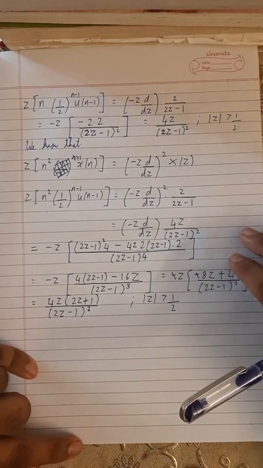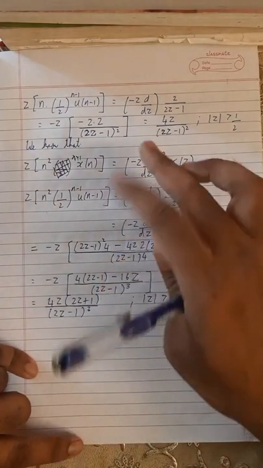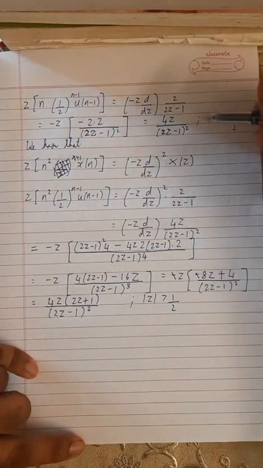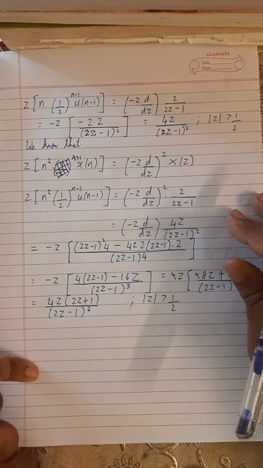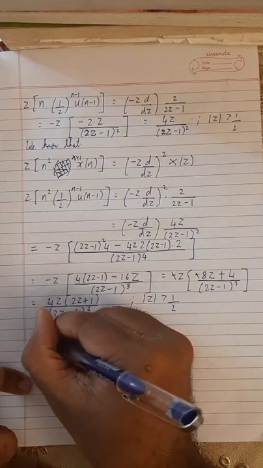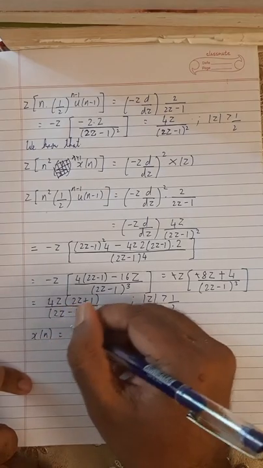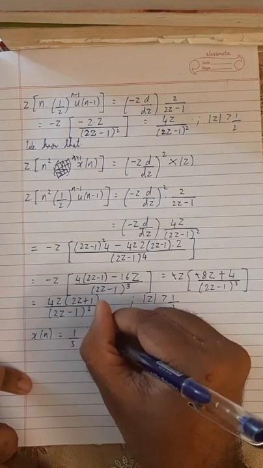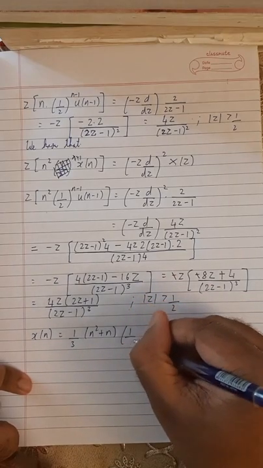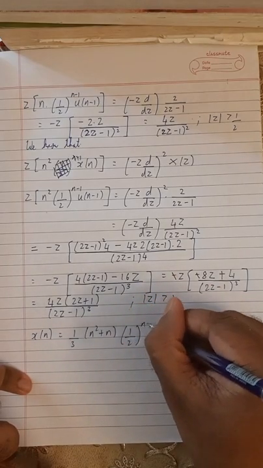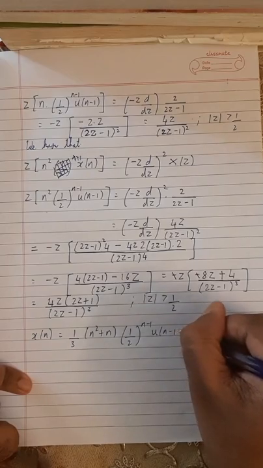So what you're going to do is simply add these two answers, right? Because we know that x of n is nothing but 1 by 3 into n square plus n, your given question, into 1 by 2 raised to n minus 1 u of n minus 1.